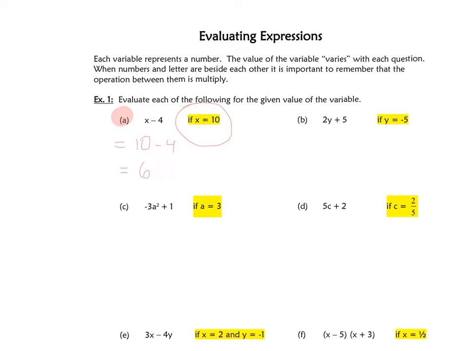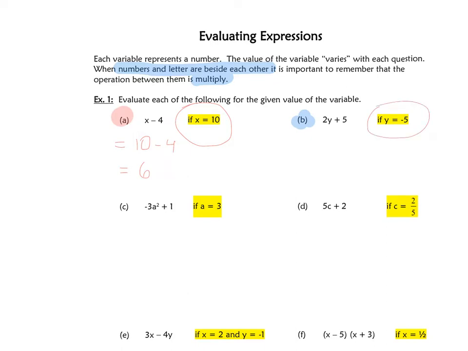So next one, moving on to B here, you'll notice it's 2y plus 5. So we do have to remember the rule at the top. If we see numbers and letters beside each other, we know to multiply. In this question, we're given that y equals negative 5.